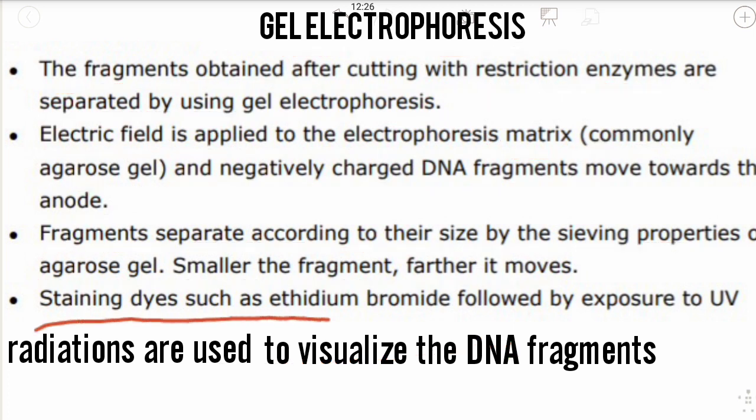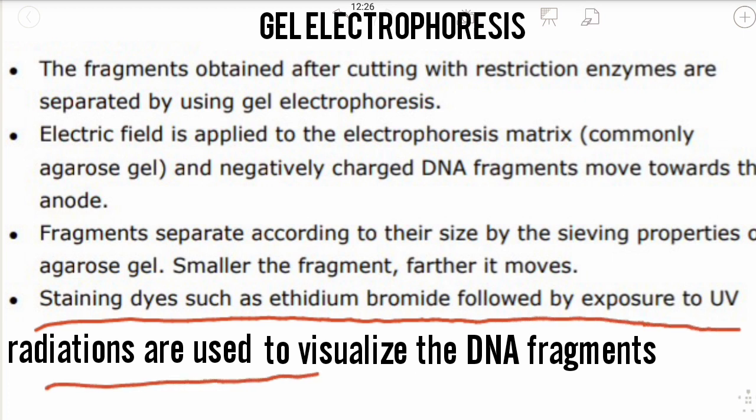Staining dyes such as ethidium bromide, followed by exposure to UV radiation, are used to visualize the DNA fragments. So here ethidium bromide is used as the staining dye. When it is exposed to UV light, the DNA pattern can be visualized.